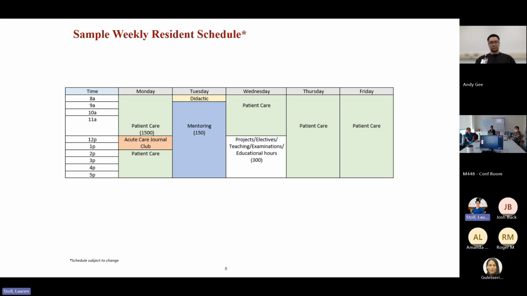In the parentheses under patient care on the left, these are the target hours you have to meet for accreditation standards for the program in order to graduate. Throughout the whole year, you have to achieve 1,500 hours of patient care, and that is inclusive of the blue box, mentoring, which is 150 hours for the year.